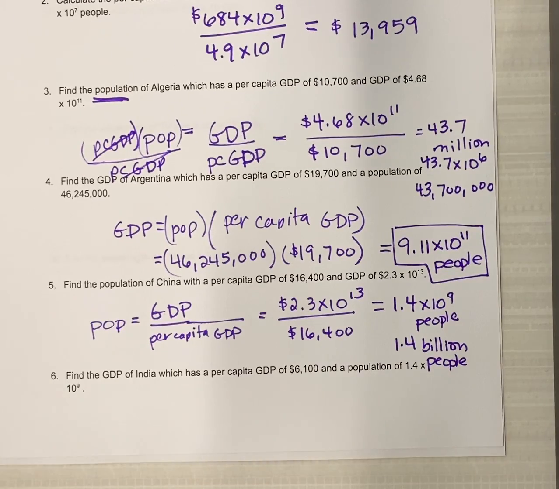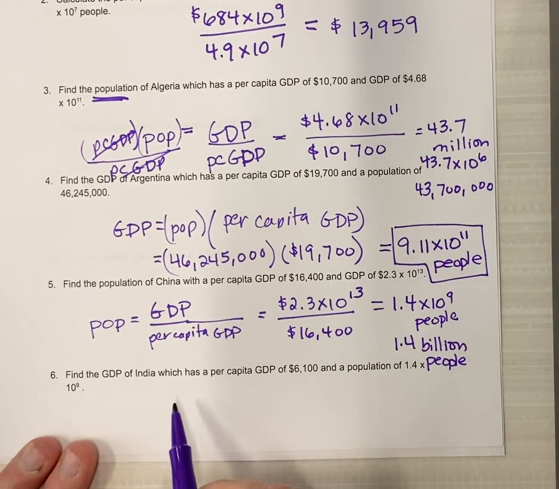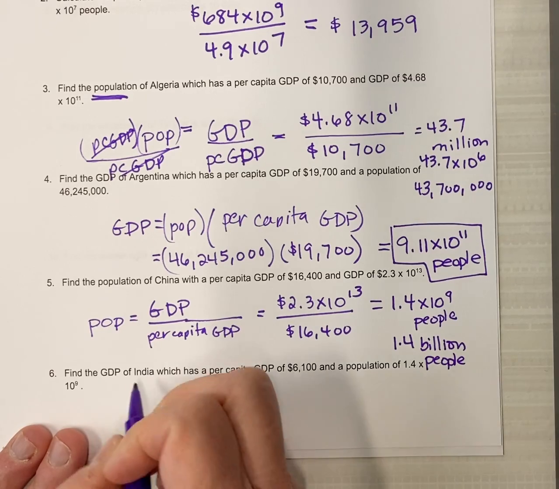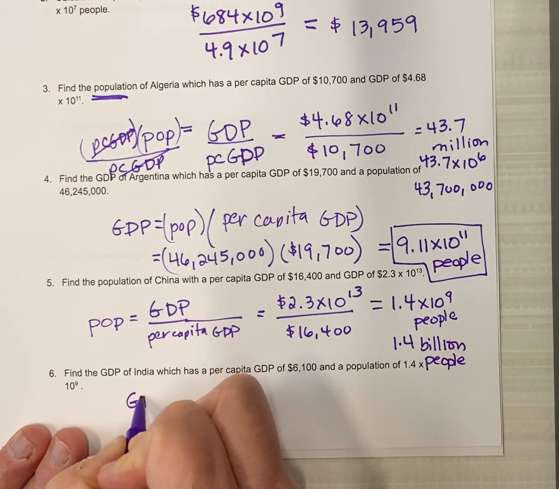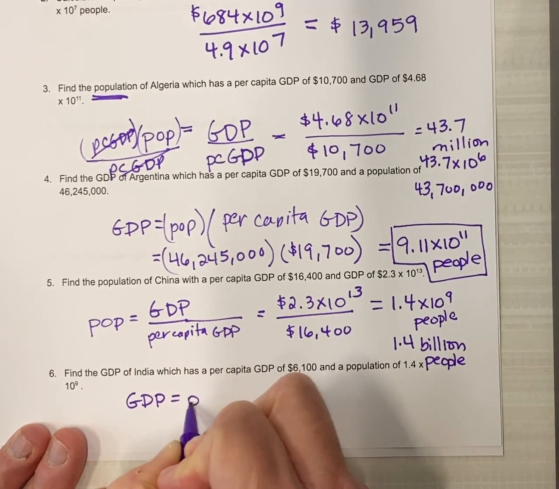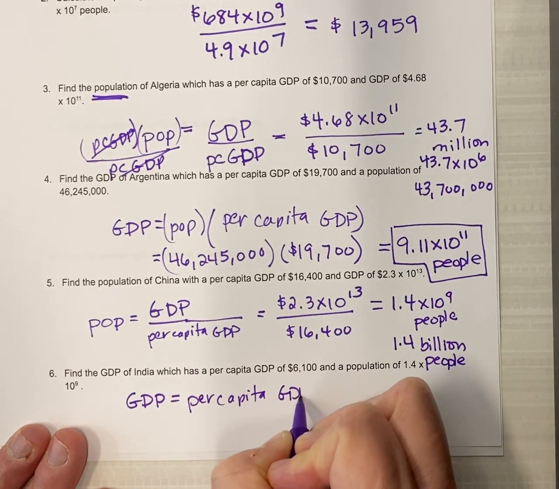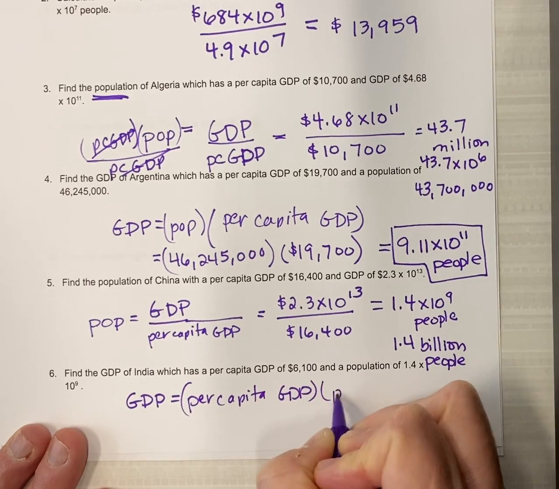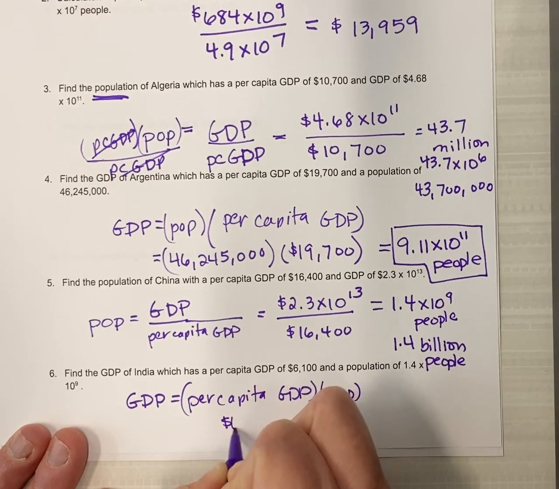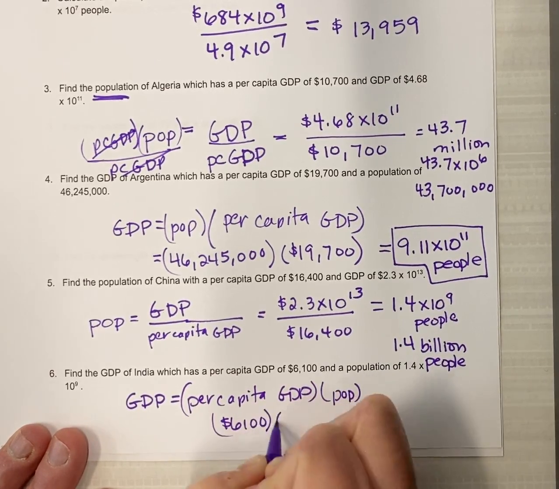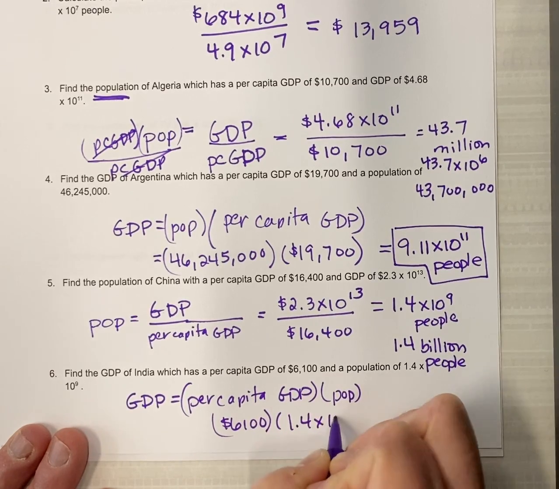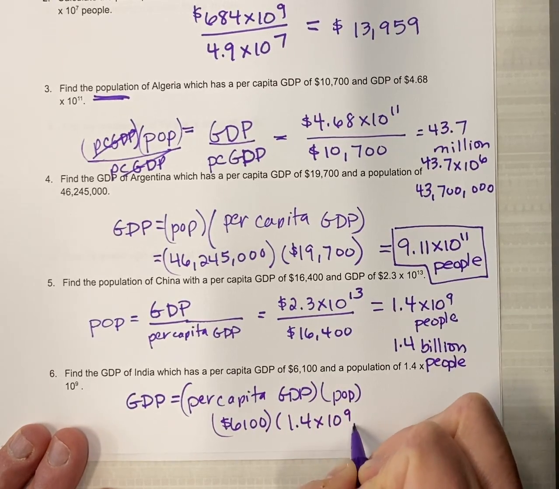Lastly, number 6. So number 6 here, find the GDP of India. All right, so GDP, my equation for that, GDP is that per capita GDP times the population. So 6,100 times 1.4 times 10 to the 9th, okay, people.